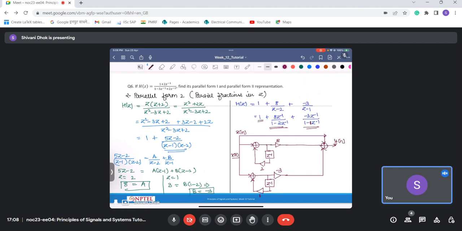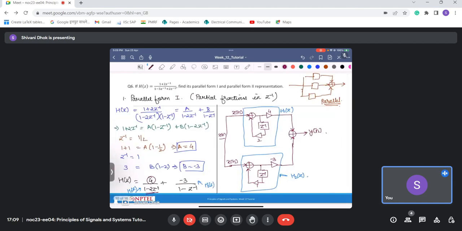Any questions? So in all these forms, which one do you think is the more optimal in terms of elements? Is parallel form 2? No, it's not like we can comment on optimality for my direct forms. If I'm having this system z inverse upon 1 minus 2 z inverse already available, then I'll go for this.